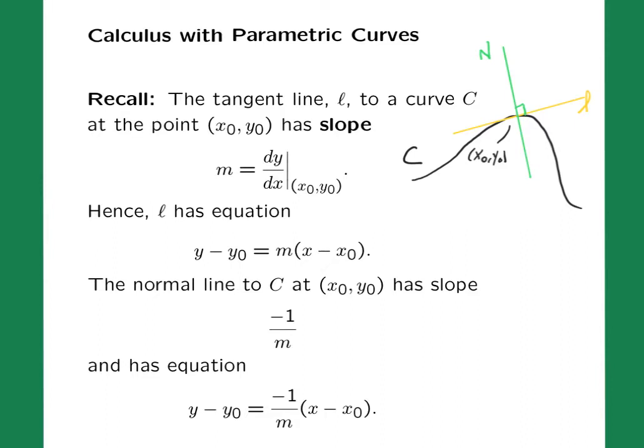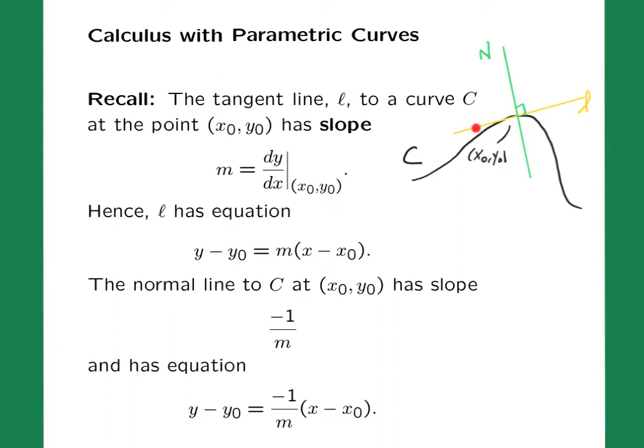Before we get started, let's just recall that if you're given a curve C, and you want to know what the slope of the tangent line L to this curve at some point x naught, y naught is, that's just the instantaneous rate of change of y with respect to x evaluated at the point x naught, y naught.